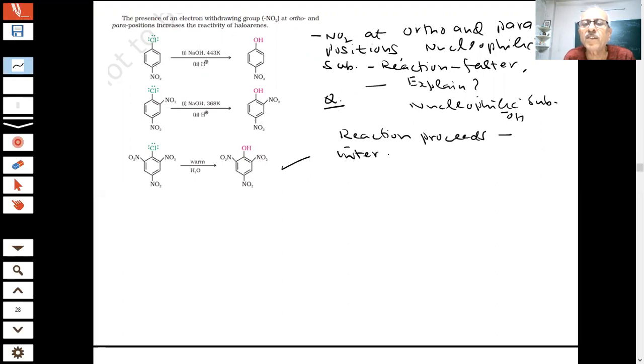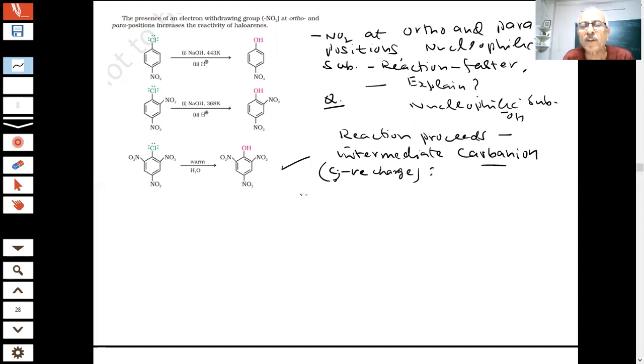What intermediate is there? Carbanion. What is a carbanion, student? Carbon carrying a negative charge. Carbanion means carbon carrying a negative charge.